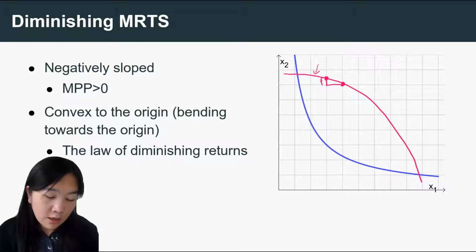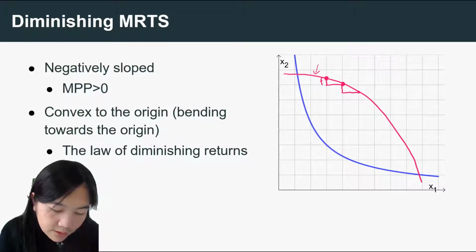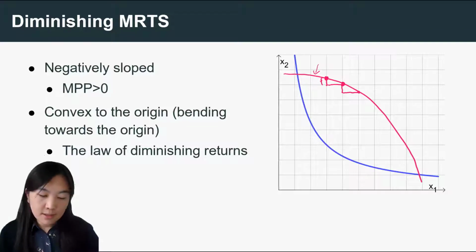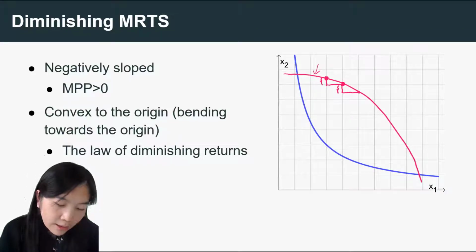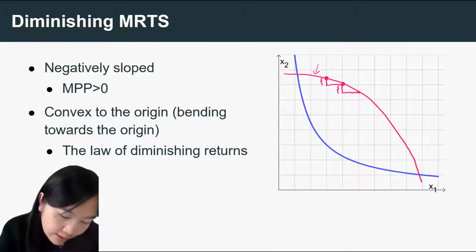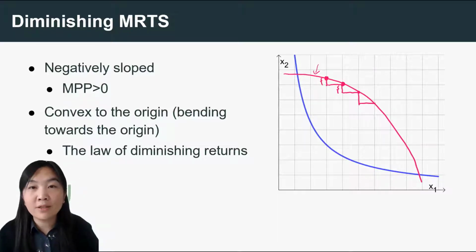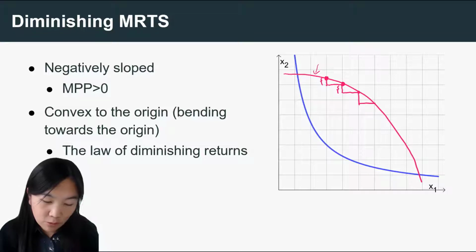If we move further to the right, we find that for the next increase in X1, the substituted X2 actually increases. And if we move further to the right and increase 1 unit of X1, we can reduce the use of X2 by even more.